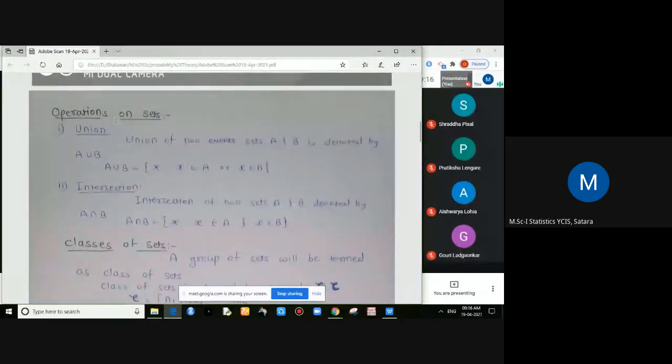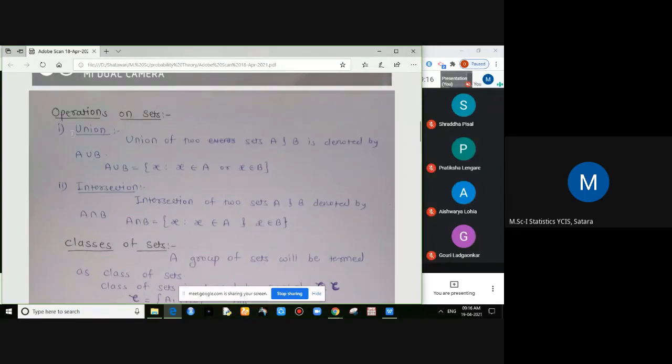Operations on sets. In the class of BSc 1, you already studied the operations or the algebra of events. And here we are studying the operations on sets. Algebra of events and operations on sets are both the same thing.